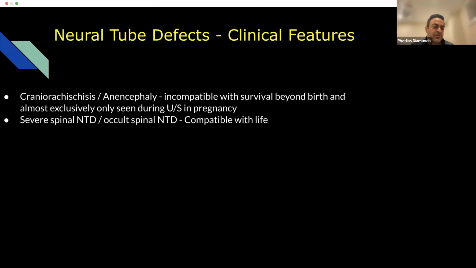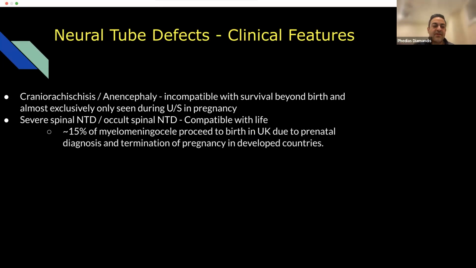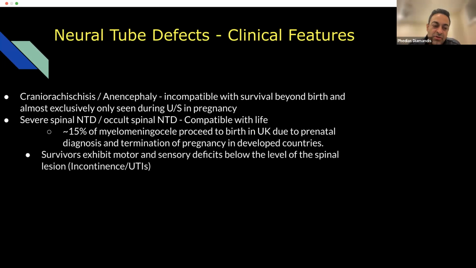Severe spinal neural tube defects and occult spinal neural tube defects are compatible with life, and about 15% of myelomeningocele will proceed to birth in the UK, since the vast majority are diagnosed and terminated in many developed countries, maybe contributing to some of these variations depending on which country you survey.